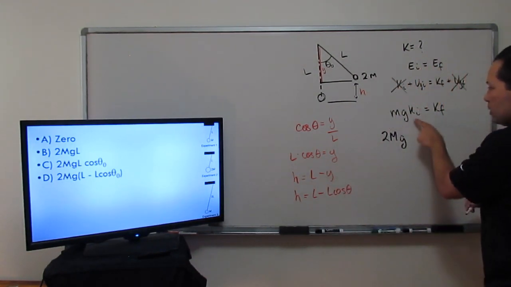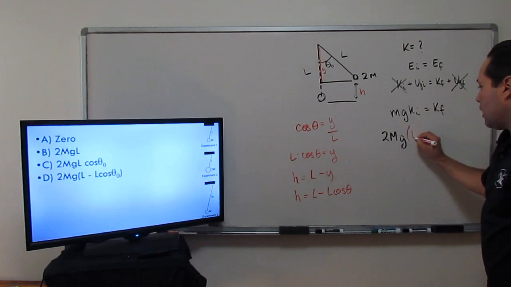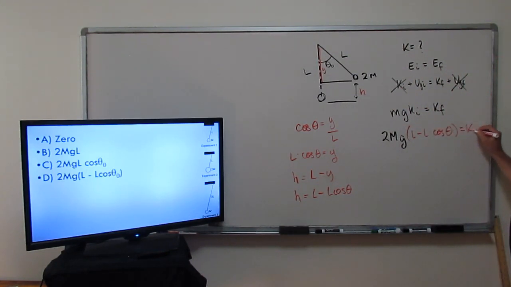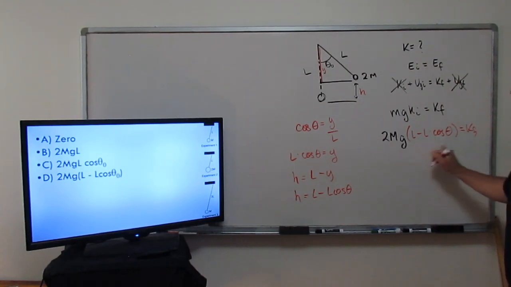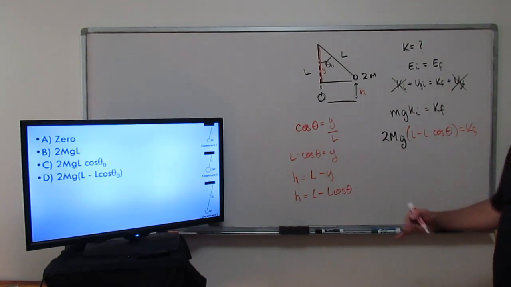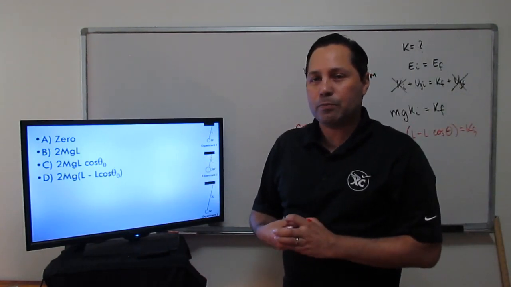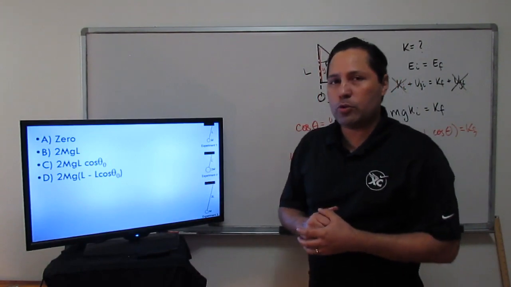I'm going to substitute that into my formula right here. L minus L cosine theta, and that's going to give us our kinetic energy final, which is also our change in kinetic energy. So there is our formula, and if you look at that, that matches letter D. That takes care of problem number 12.